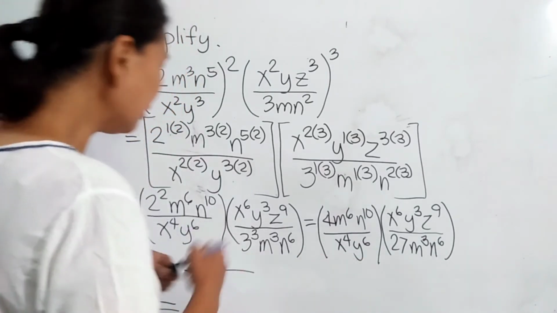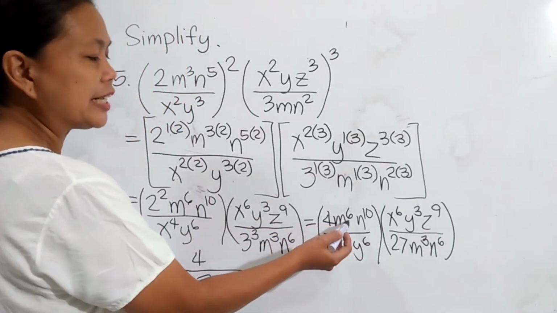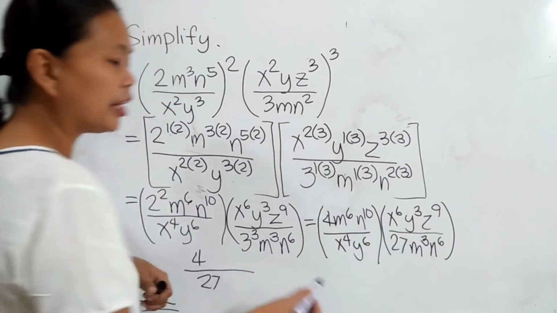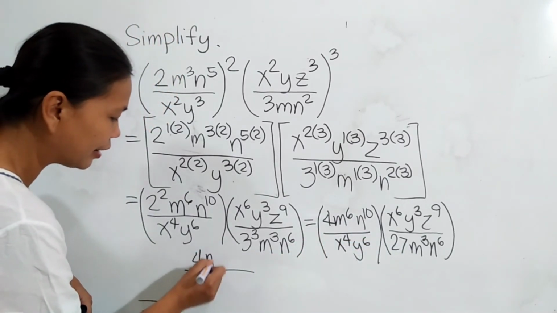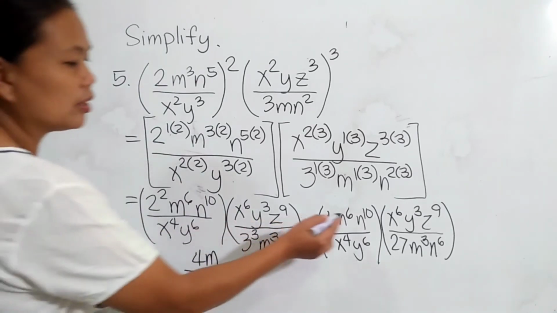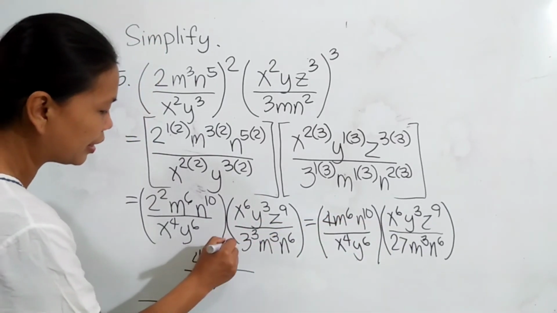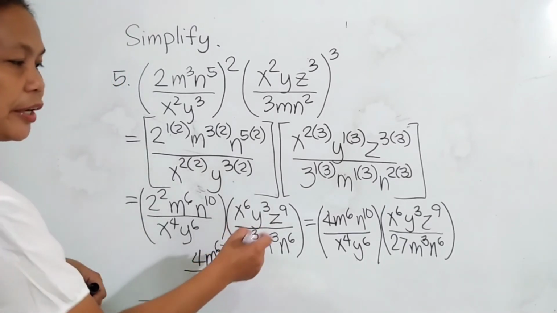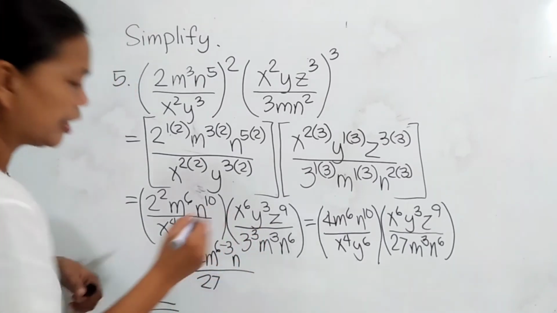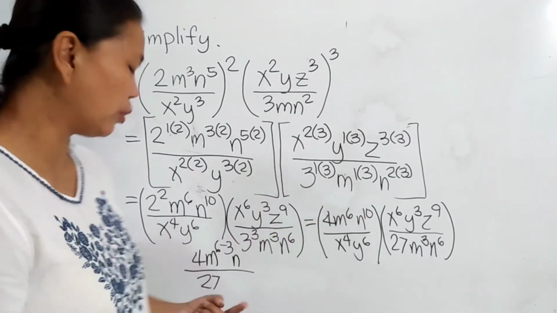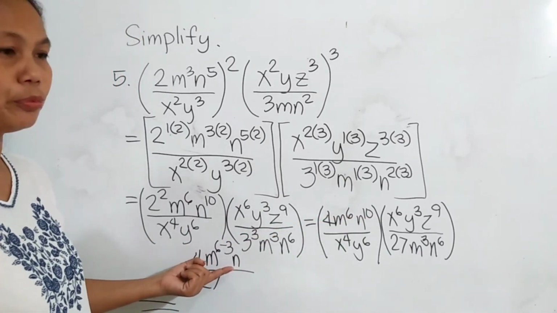Okay? So, let us have m. Since m has a greater exponent than in the denominator, we will write it in the numerator. Then we will subtract. So, we have here 6 minus 3. Then we have here the variable n. So, the variable n has a greater exponent in the numerator. So, again, we will write it in the numerator.